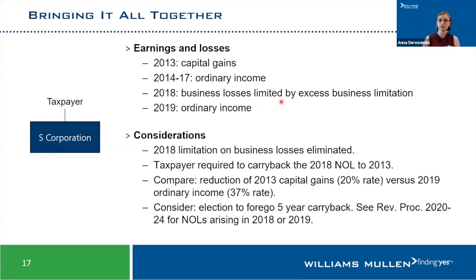But now with the CARES Act eliminating this limitation, the default rule is that where an NOL is created here in 2018, that has to be taken back to 2013 and used against these capital gains.